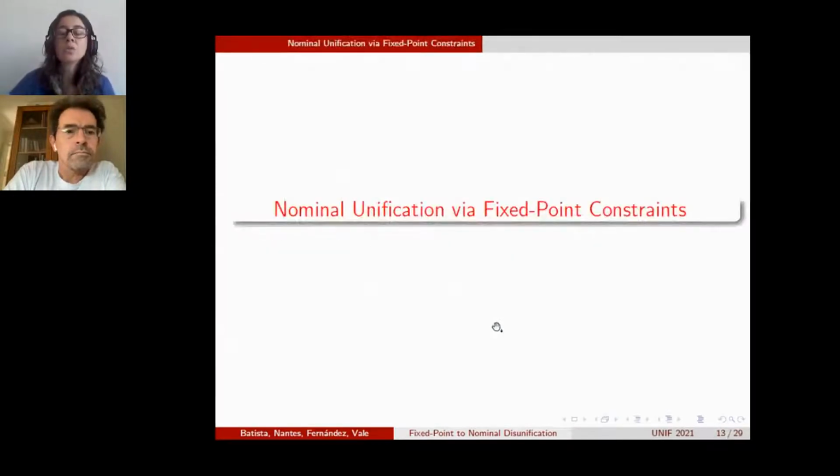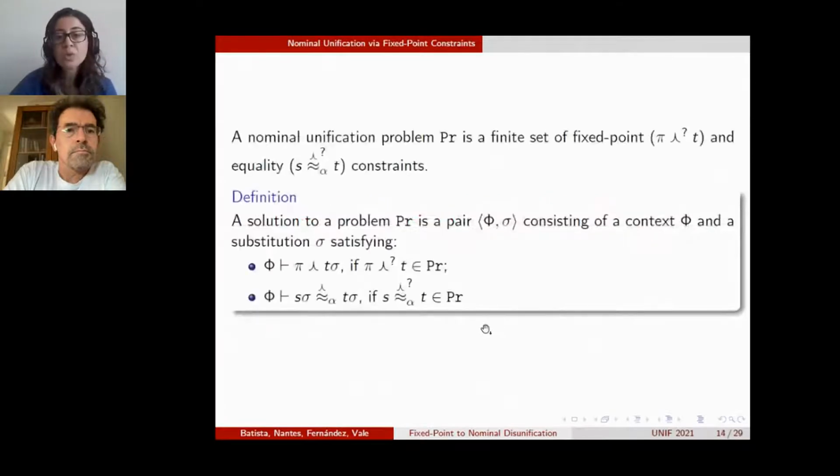Okay, so nominal unification via fixed point constraints. The idea is similar to standard nominal unification. You have equality constraints, which are questions regarding equality between nominal terms. Of course, now we are dealing with alpha equivalence, but we also have questions regarding the permutations that fix terms.